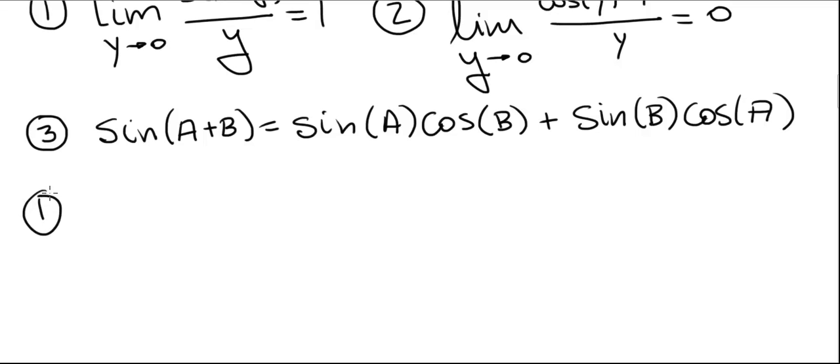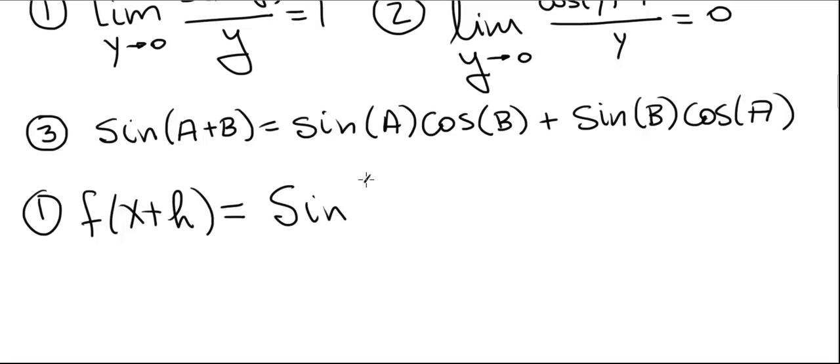Step number 1 is f of x plus h. We want to express the new function f of x plus h from the old and simplify as much as possible. So this becomes sine of 10, and make sure you put in parentheses, x plus h. If we leave out parentheses, this will be 10x plus h, which is not true.